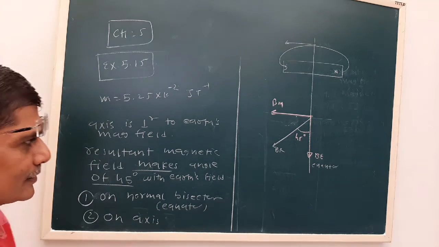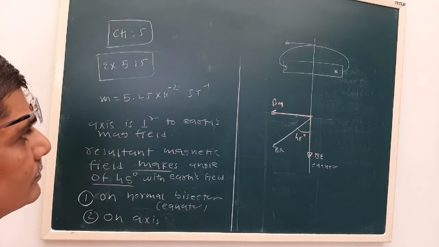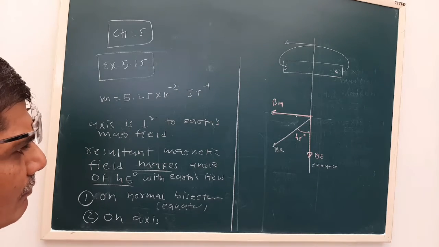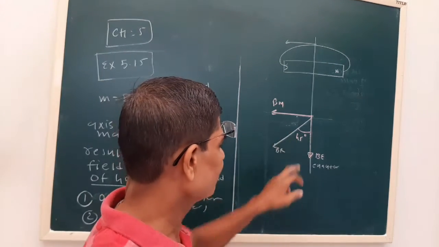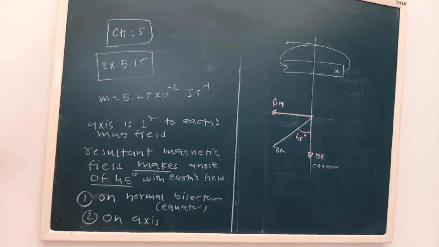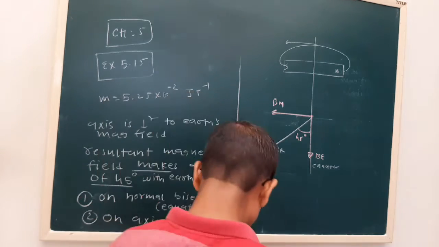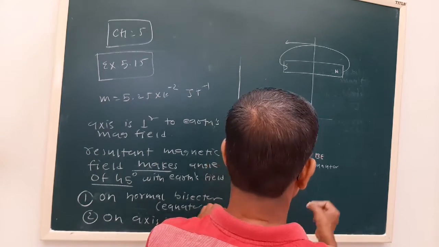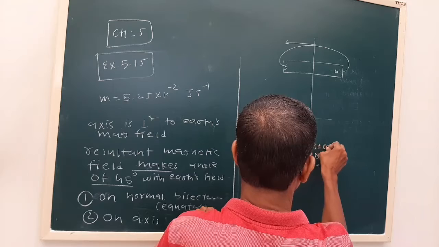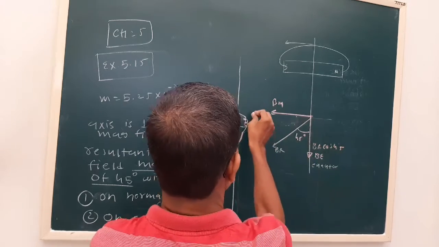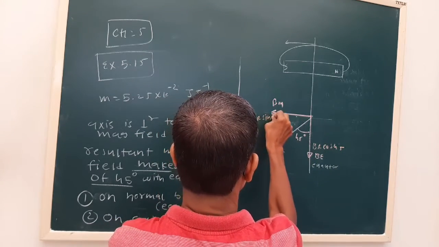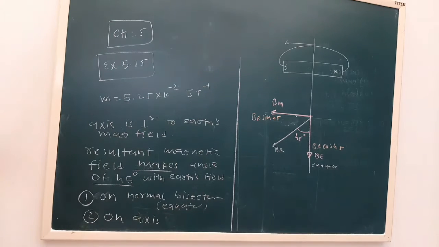Now here it is very simple for us. Why? Because these two angles will be equal. Now see, if I consider the components, one will be BR cos 45 and BR sin 45.